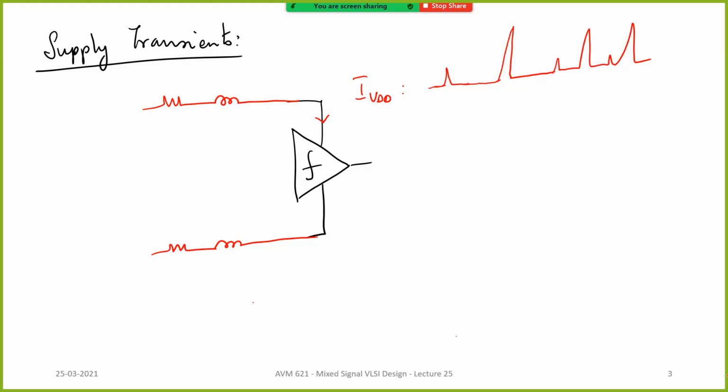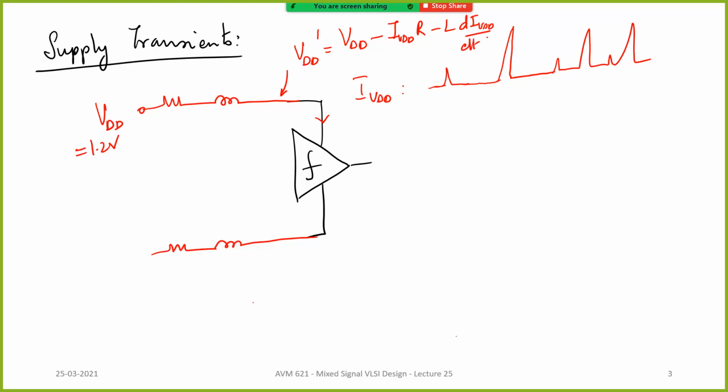All right. Now let's say this is VDD, which is a DC voltage, let's say 1.2 volt. Now what will be the voltage here? Let me call it VDD prime. Now what is VDD prime? VDD prime is nothing but VDD minus IVDD times R minus L times dIVDD by dt. Correct.